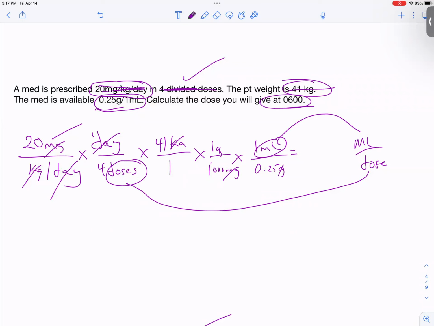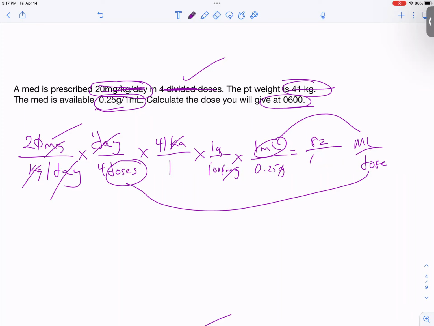So if you do the long math, short math, 820 over 1,000. I might have crossed off some zeros here. Let me just check my math. 41 times 2 is 82. 4 times 100 times 0.25 is 100.